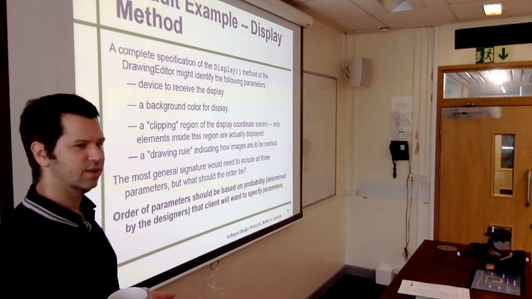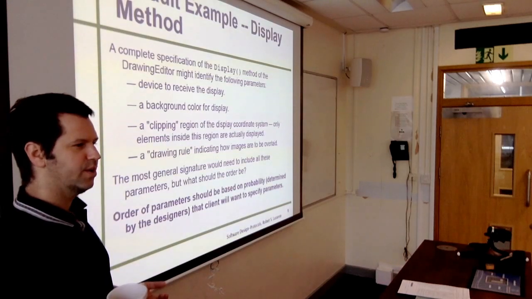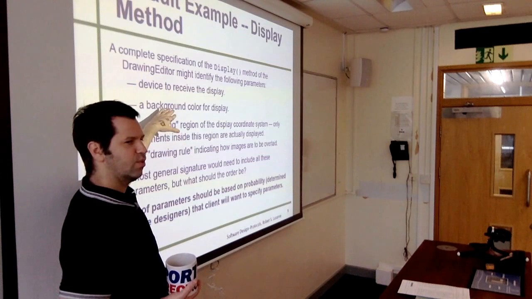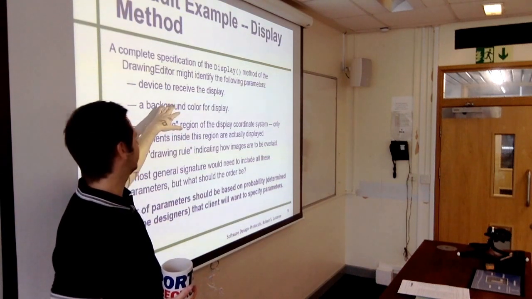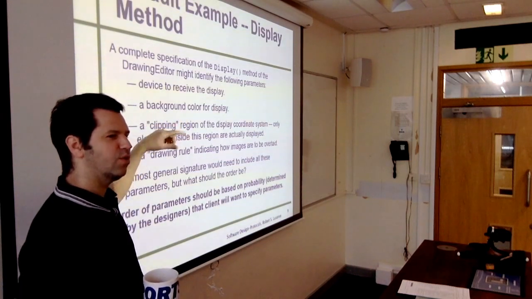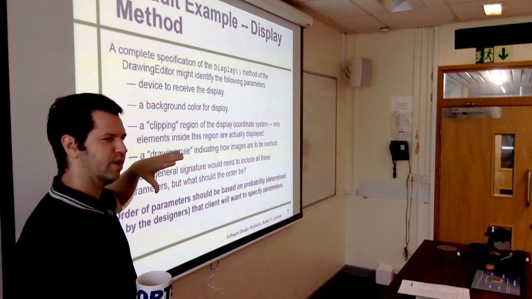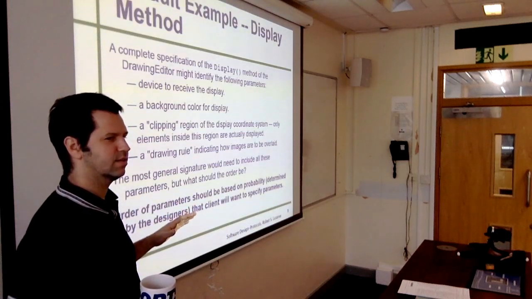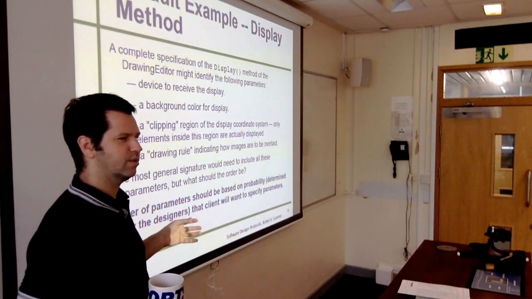A background color, which is another thing we also have to choose a default for. I worked at a company that had the strangest default background color in their software, and nobody ever changed it, and it looked really horrendous. It's very, very common.